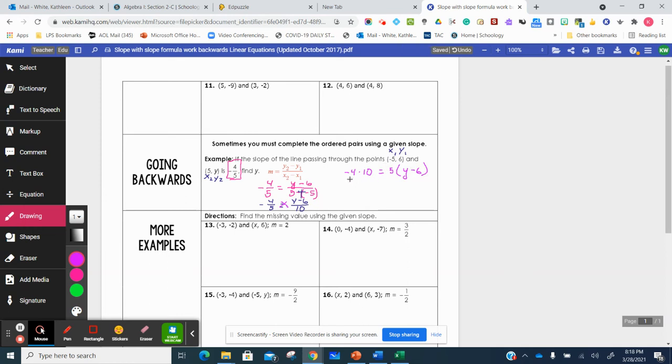So -4 times 10 will give us -40 equals 5y minus 30, because we remember we're using the distributive property and we have to distribute to both terms. So now I'm going to add 30 to both sides.